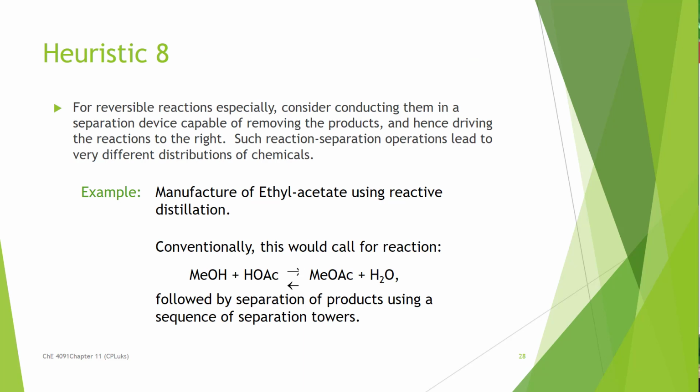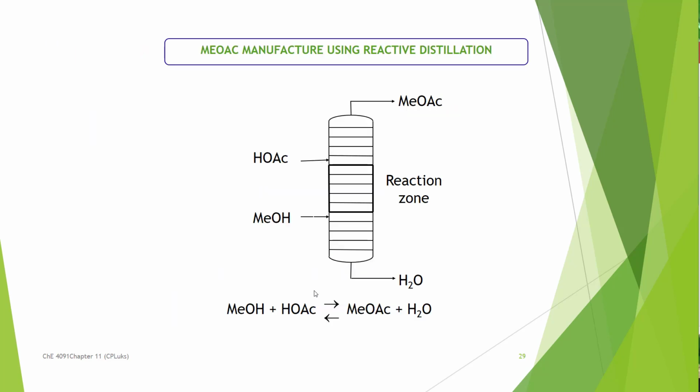Our final heuristic for this lesson is that for reversible reactions, consider conducting them in a separation device where you can remove products more or less as they are produced. This is a way of moving the equilibrium, and reactive distillation is one way this can be done.